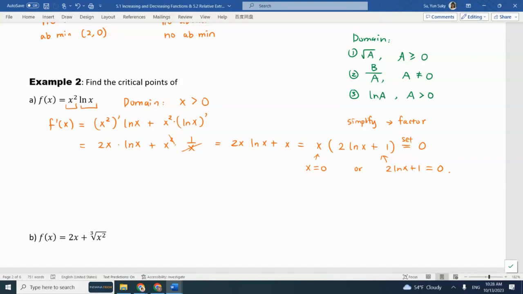Is that okay, everybody? Yes? And then x is 0. We already got that answer. But the second part, 2 ln x plus 1 is 0. How do we solve for x?